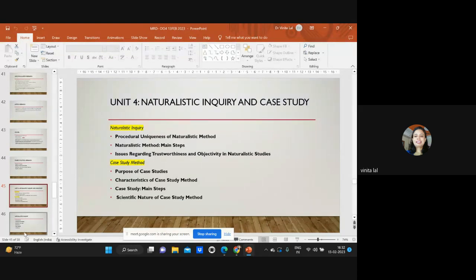Another is how to conduct a naturalistic inquiry. I have said that naturalistic inquiry is based on the notion that context is essential for understanding human behavior, and acquiring knowledge of human experiences outside of its natural context is not possible.